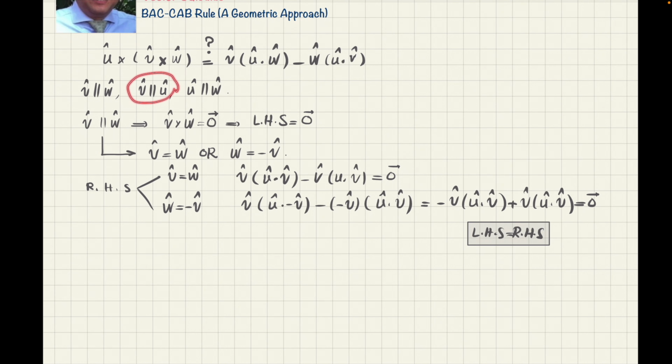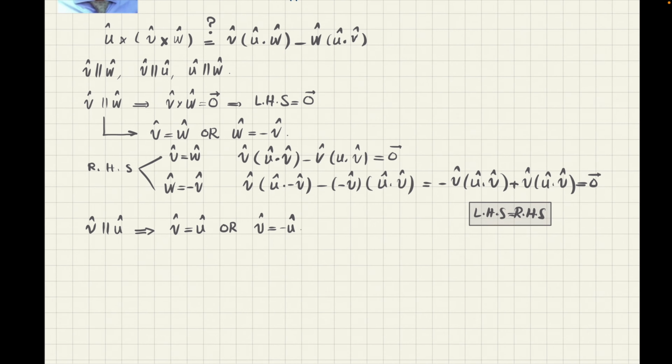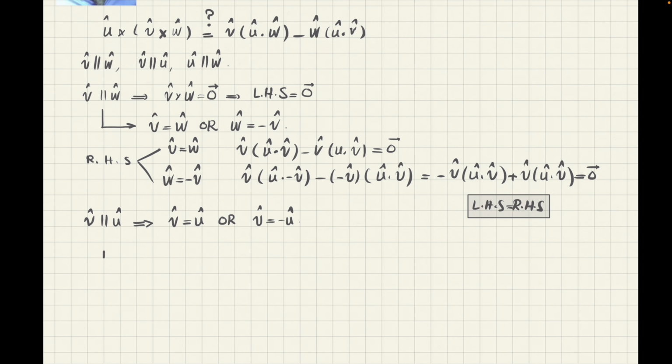So let us consider this one. Again, when we say that V is parallel to U, then what happens? Then I have again two scenarios. Either V is exactly equal to U, or V is equal to negative U, because these are unit vectors again. But then what can I do for the left-hand side?